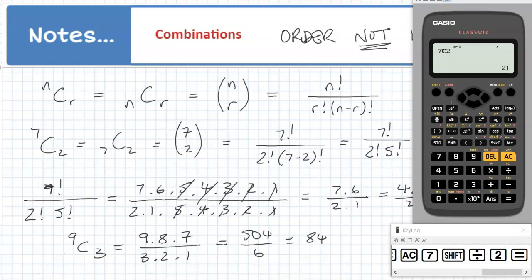If I were to do 9 combination 3, so 9 shift divide 3 equals, I get my answer 84. So it depends on what you're being asked for. If you're just wanting to work out the combination, just use a calculator. If you're needing to show a bit more process, or the way in which the question's worded requires you to break it down a bit more, then you might want to use a formula with factorials to get your answer.